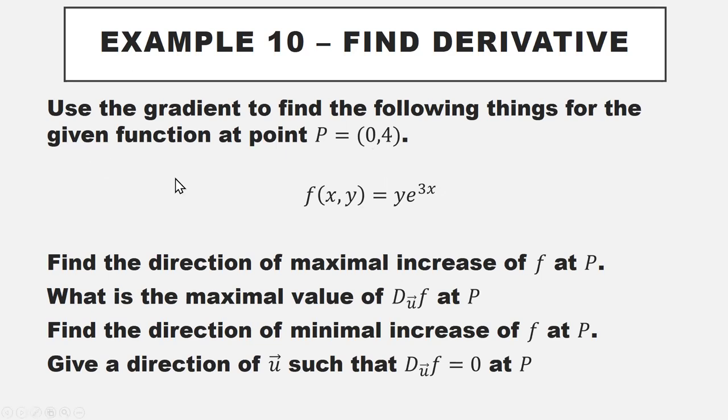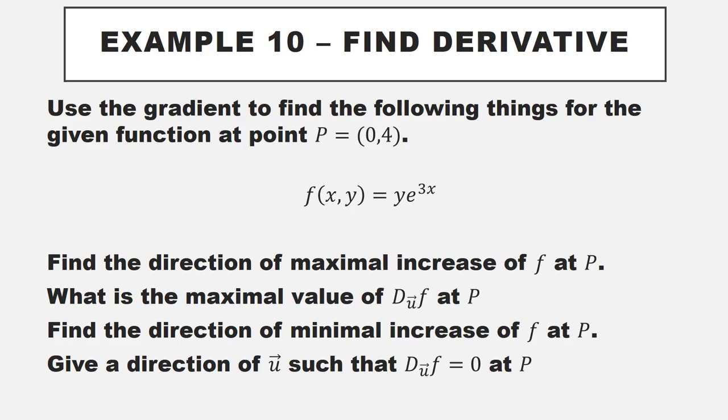Let's do another example. Let's use the gradient to find the following things for the given function at the point (0, 4). The function is y times e to the 3x. That's a good function because we've already found the gradient of that in a previous example. We want to find the direction of maximal increase, and the value of maximal increase, so what's the maximum value of the directional derivative?